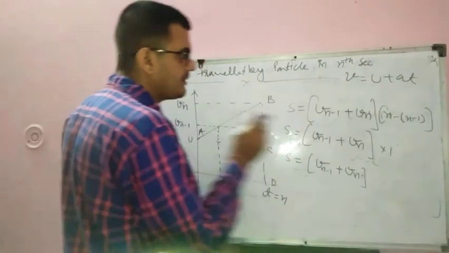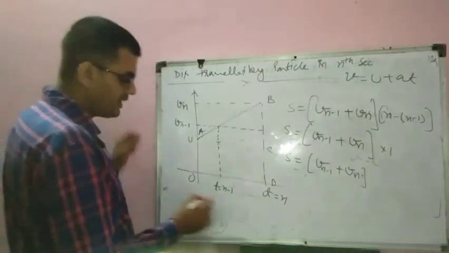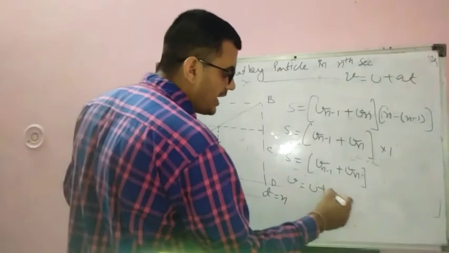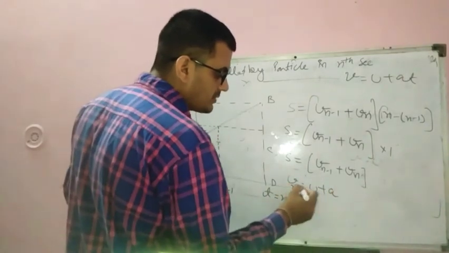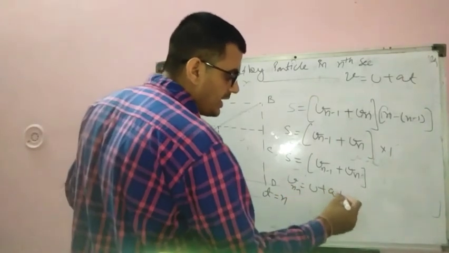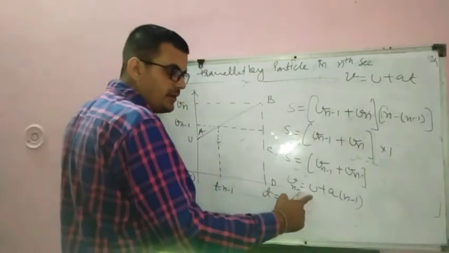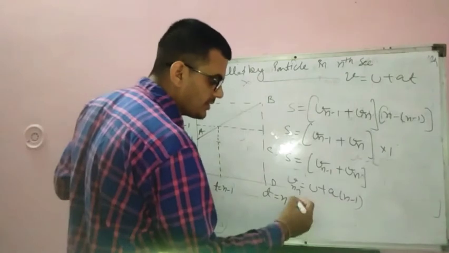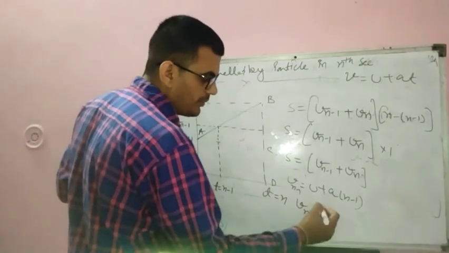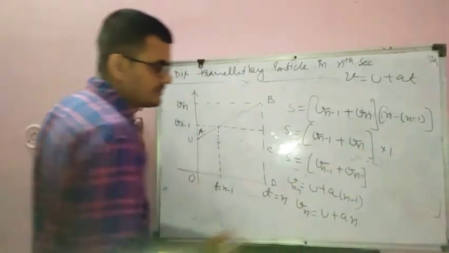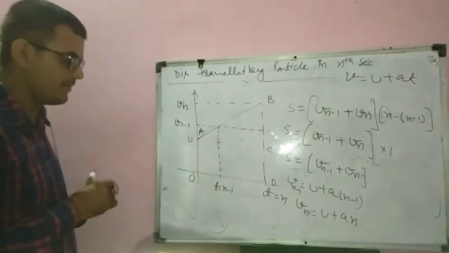Now what is v(n-1)? You know that v equals u plus at. So v(n-1) equals u plus a(n-1). In place of v(n-1) we will put u plus a(n-1), and in place of vn we will put u plus an.